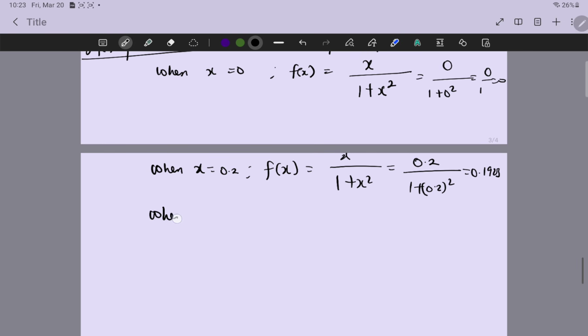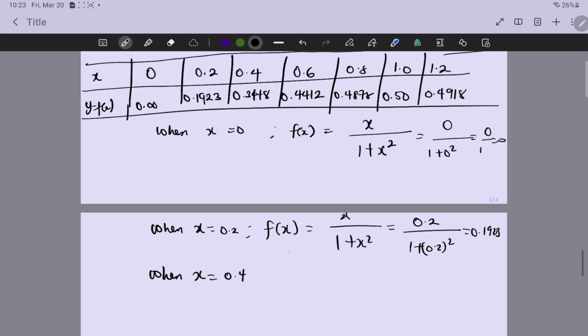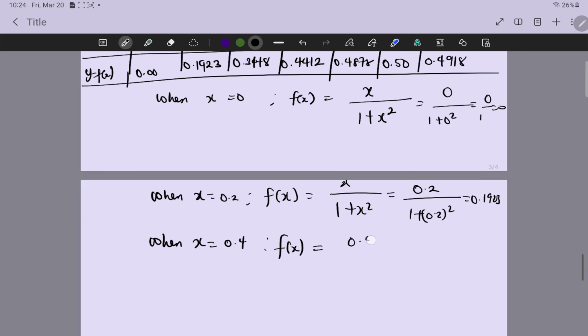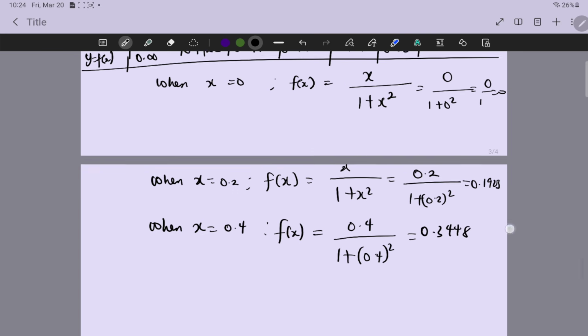So if you want to do that, you can say when x is equal to 0.4, f of x was, I'm just trying to babysit you here right now, 0.4 divided by 1 plus 0.4 all squared. You're going to get 0.3448, something like that.